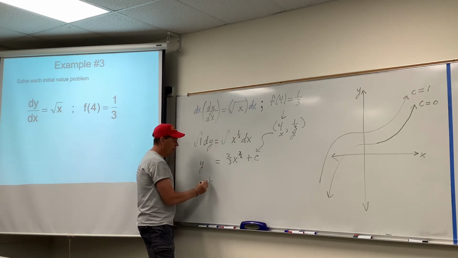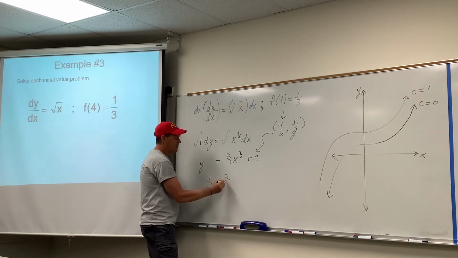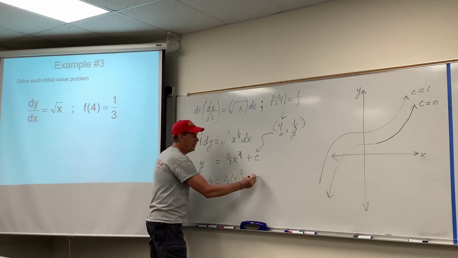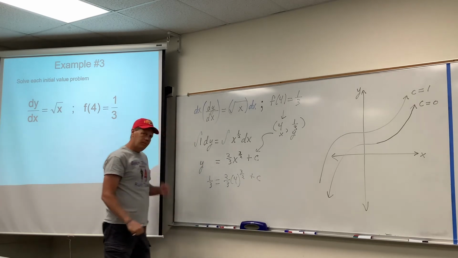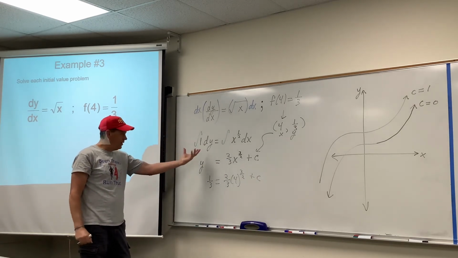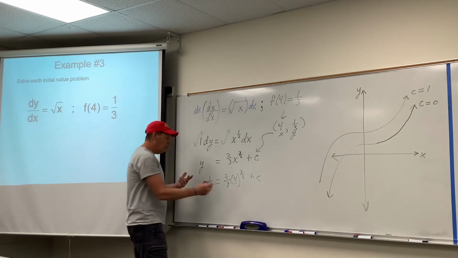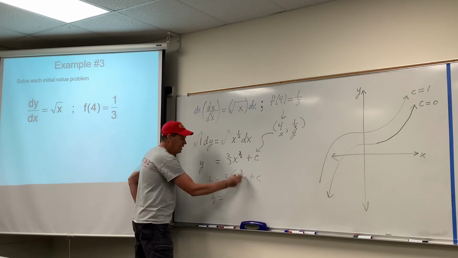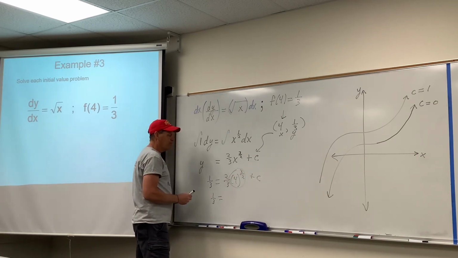y is 1/3. x is 4. What does c have to equal? Okay, so basically you stick that ordered pair into this thing, and then you do arithmetic and solve for c, which now you'll have fun making fun of me. So let's see, 4 to the 3/2 power, I believe would be 8.